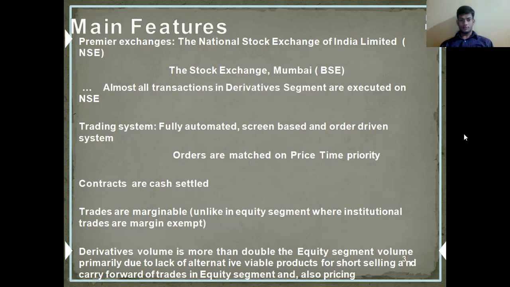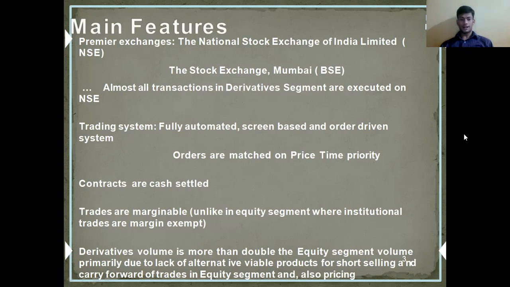The trading system is fully automated, screen-based, and order driven. Orders are matched on price-time priority. There are two time periods in the derivative market, future and spot, and both are at work here. Then contracts are cash settled.